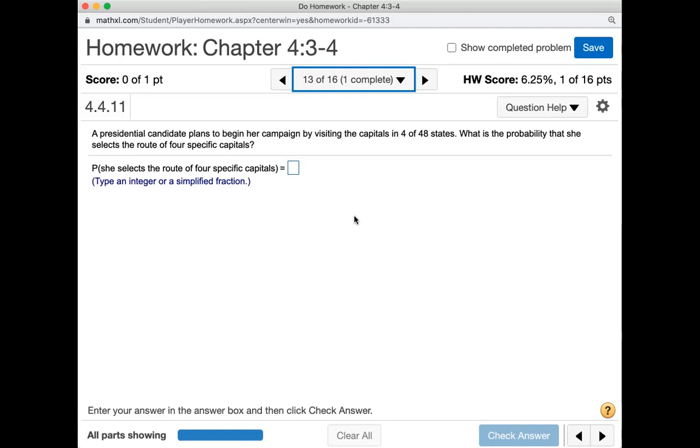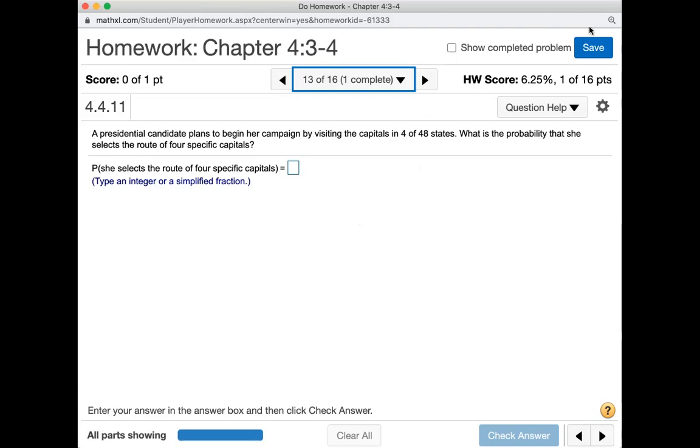Order matters: which state she visits first matters. So we have to apply permutation. We need 48P4, the total number of permutations to choose 4 out of 48 capitals.